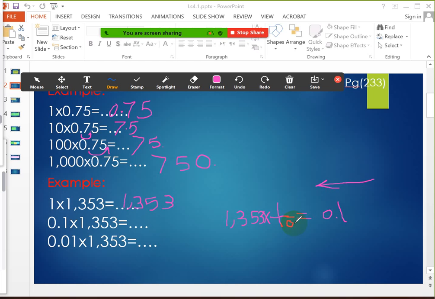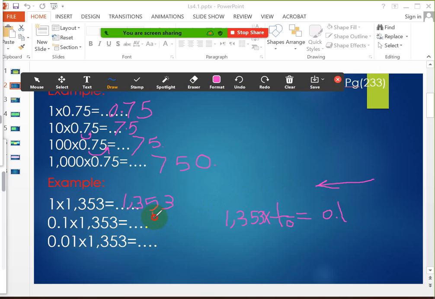So here 0.1, when we multiply by a decimal number, how many digits are there after the point? I have only 1 digit.